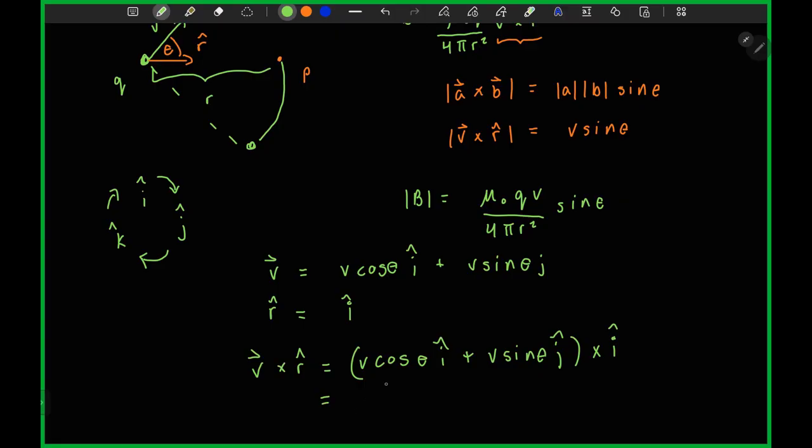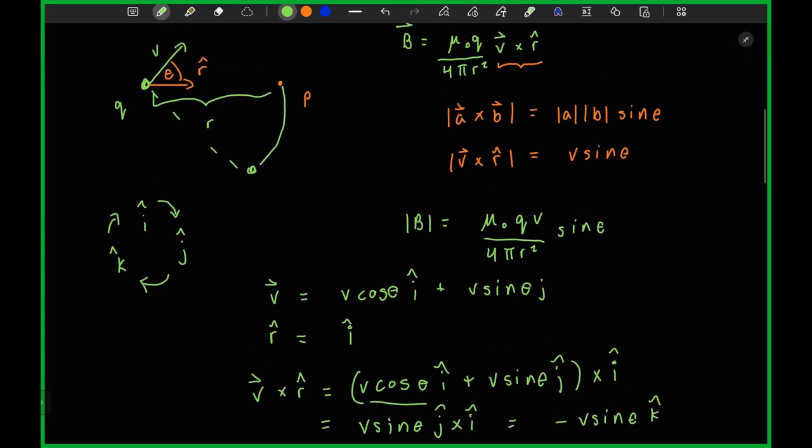So we get no contribution from this term. And then v sine theta j hat cross i hat: looking at our chart, j cross i is against our arrow. Therefore, we get negative v sine theta k hat. And so all that is telling us is that our field points into the page.